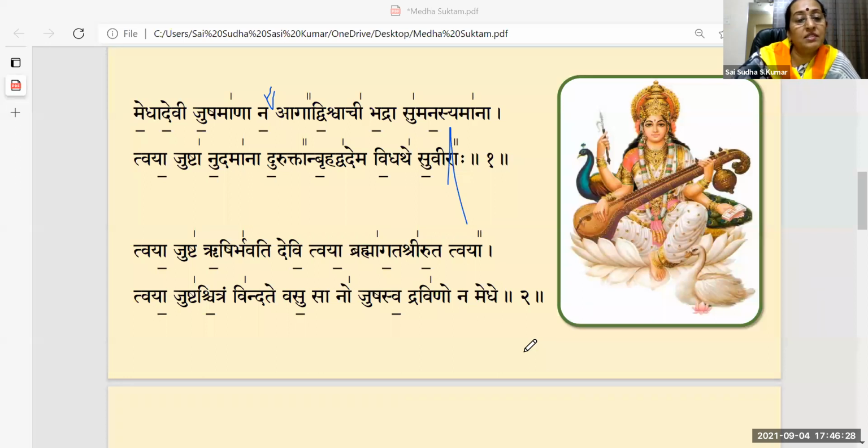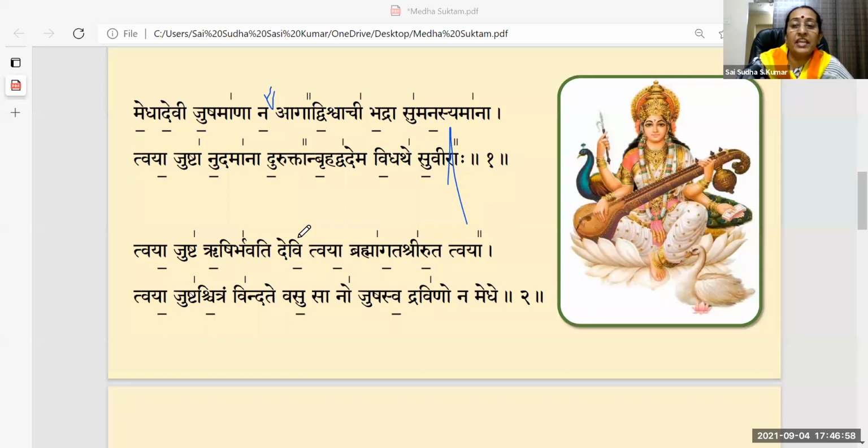Now here in this word, R is pronounced as R. It is not Ru. It is not Rushir Bhavati. It is R. Rishir Bhavati. Then here it is Devitvaya. So here the Devi is a Hraswa Matra. Hraswa Matra means small iki Matra.